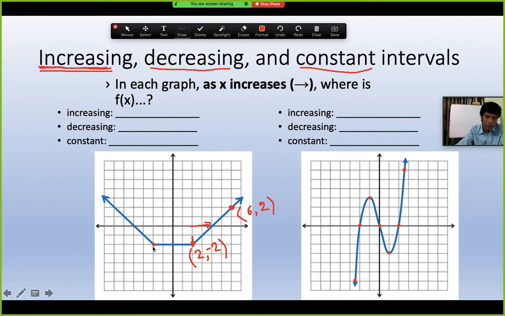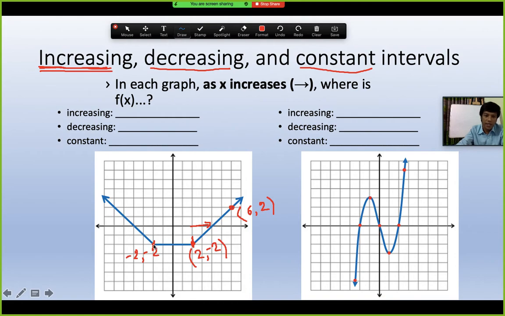And from this point to this point, the graph is not going up or down, so we will say that from this point to this point, the graph is constant. This point is minus 2 comma minus 2.